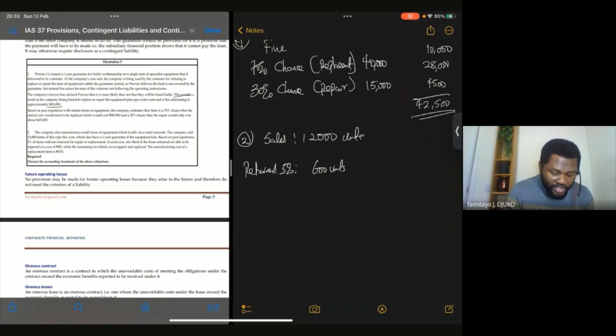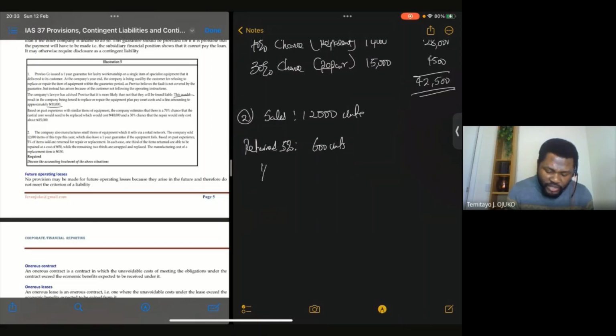So they are either repaired or replaced. In each case, 1/3 of items returned, of the 600 units, are able to be repaired at the cost of 50 naira, while the remaining 2/3 of 600 are going to be replaced at 150.